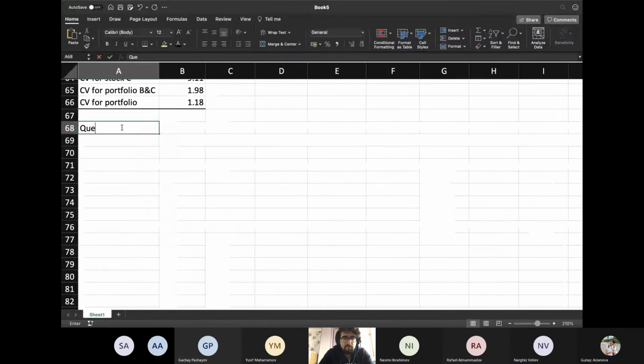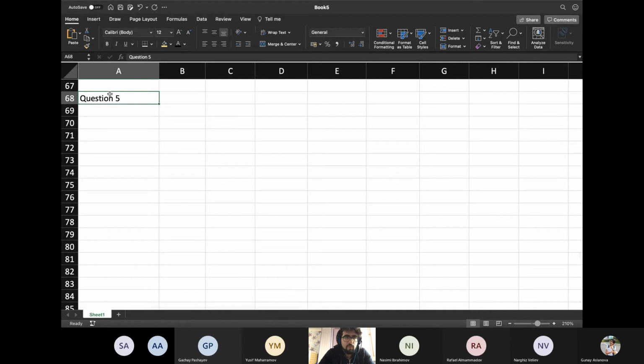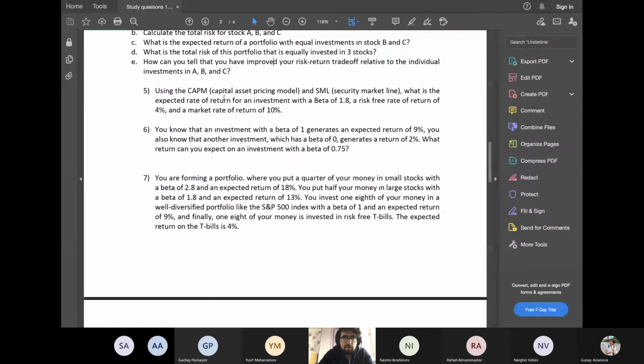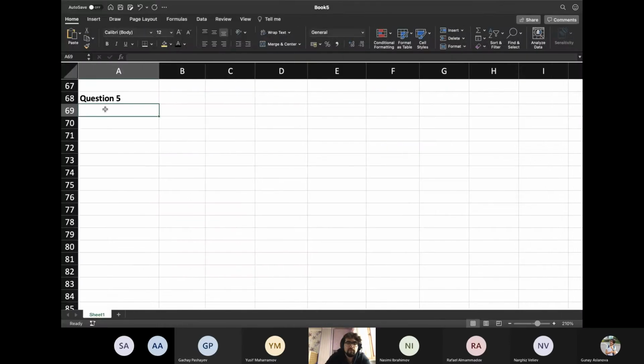Let's start the 5th question. Using the CAPM and security market line, what's the expected rate of return for an investment with a beta of 1.8, a risk-free rate of return of 4%, and a market rate of return of 10%? That's a very easy question.